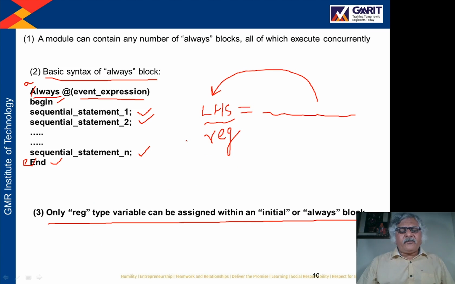Reg type is used in most of the cases. So in initial and always blocks, we assign values to register type basically, but in most cases we use reg type.